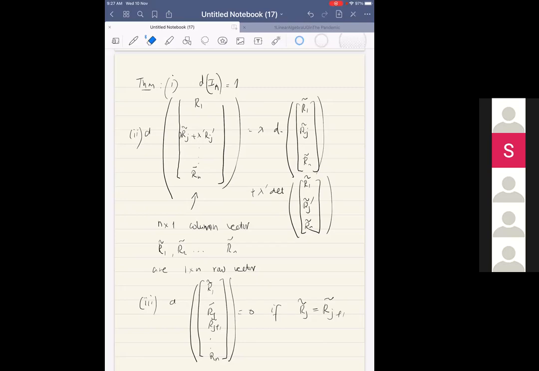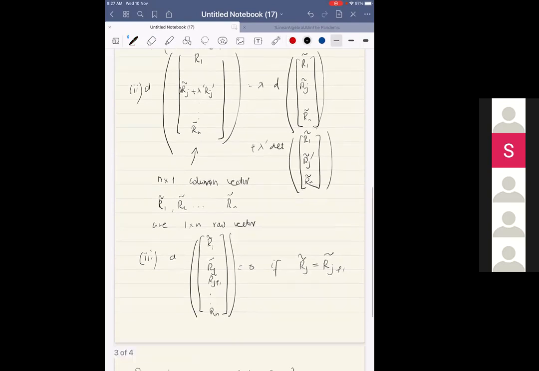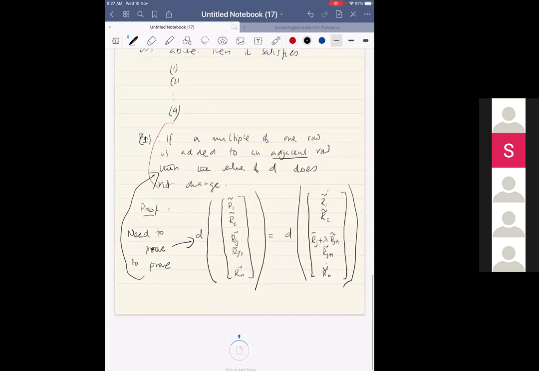And I can assume this. So this is no longer a theorem. This is part of the assumptions on the function D. So I assume that D satisfies these 3 properties, and then I have to prove this.